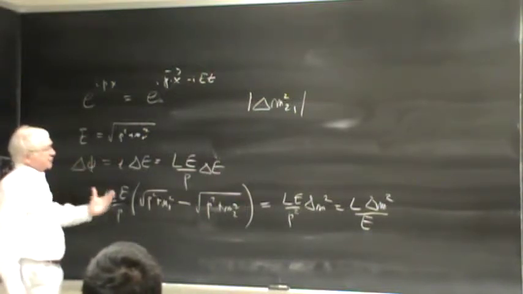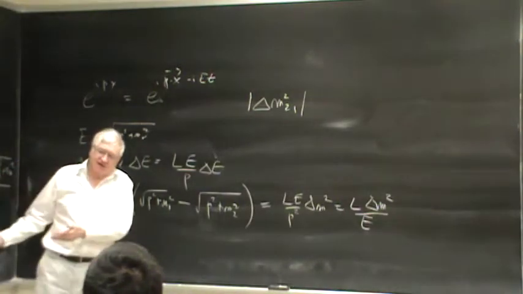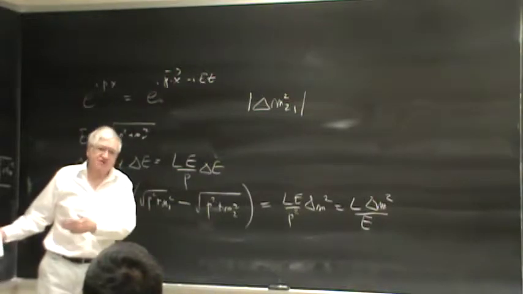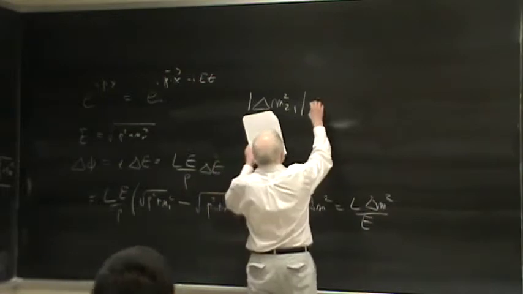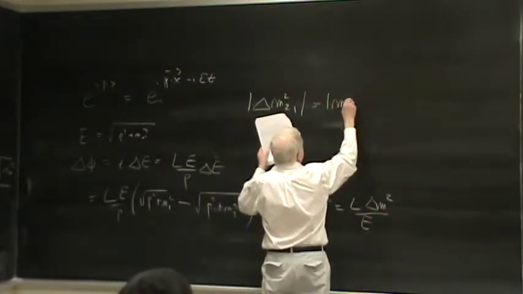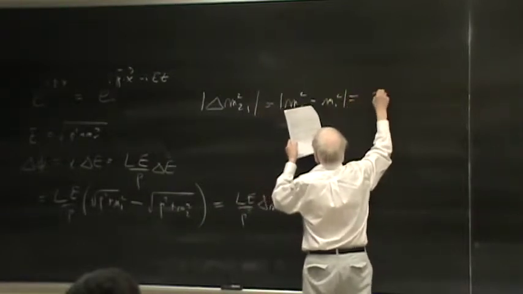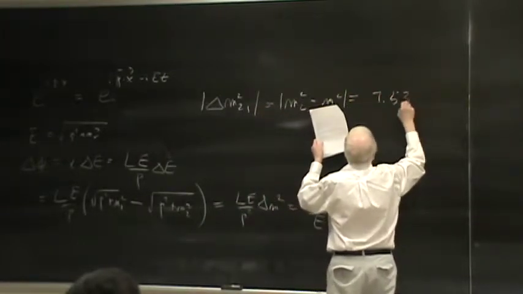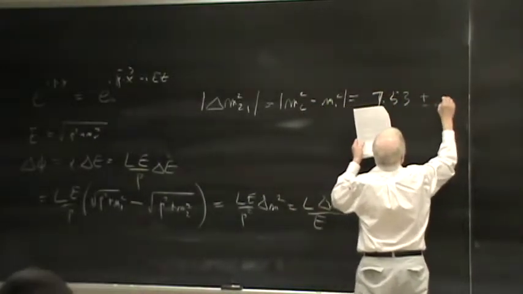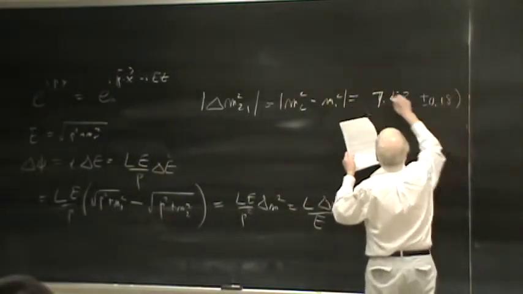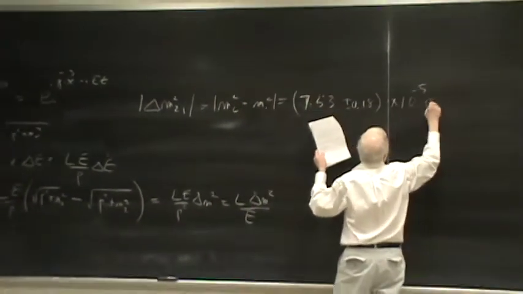and so eventually they realized that there were 3 mass eigenstates. Well, of course, when you think that we have 3 flavors of neutrinos, you expect 3 mass eigenstates. And so what one has is M2 squared minus M1 squared, and this is 7.53 plus or minus 0.18 times 10 to the minus 5 eV squared.